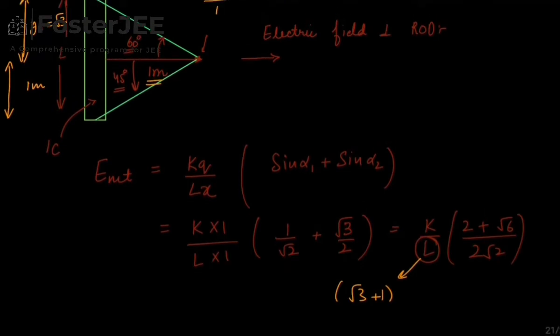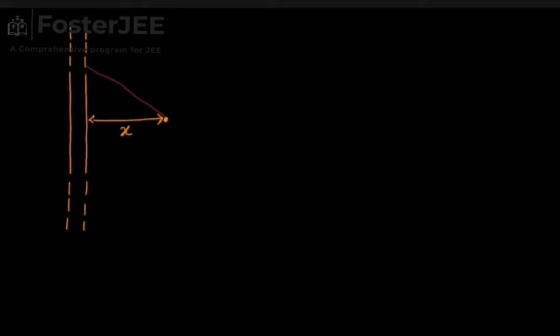Moving forward, now suppose we are given that this rod is infinitely long. Then we have to calculate electric field at a distance x. Now, if the rod were of this length, then theta 2 will be this and theta 1 will be this.